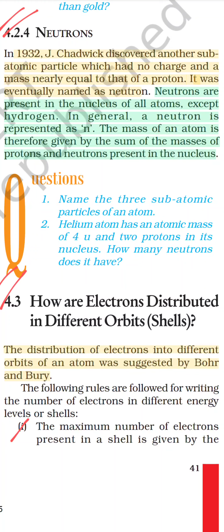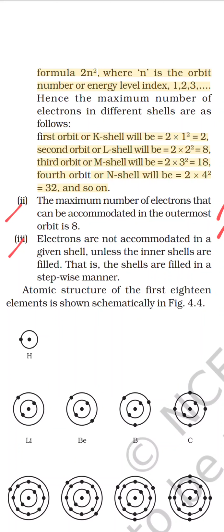First, the maximum number of electrons present in a shell is given by the formula 2n square, where n is the orbit number or energy level index 1, 2, 3. Hence, the maximum number of electrons in different shells are as follows.